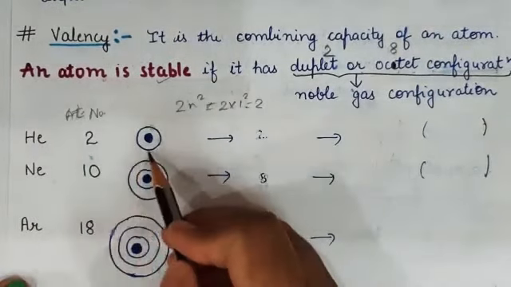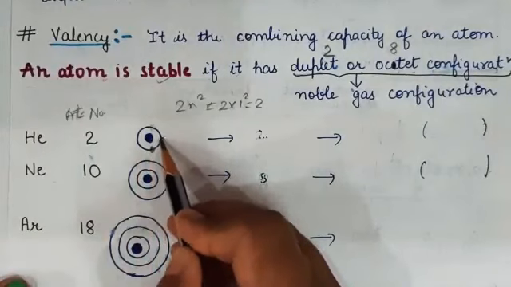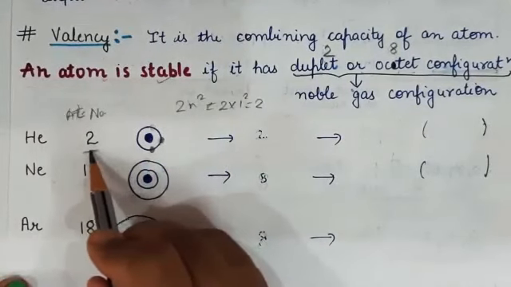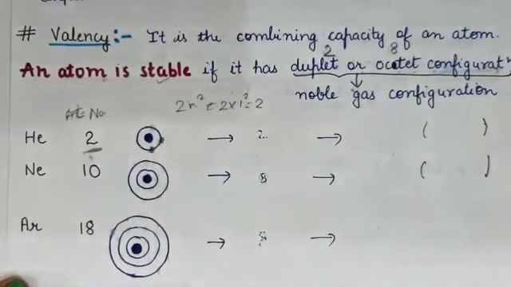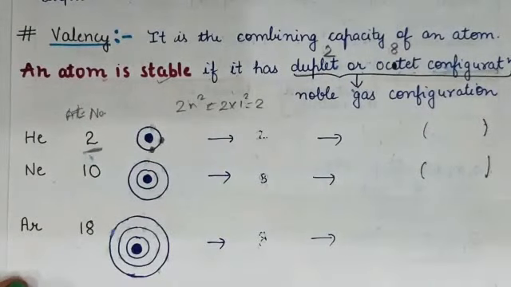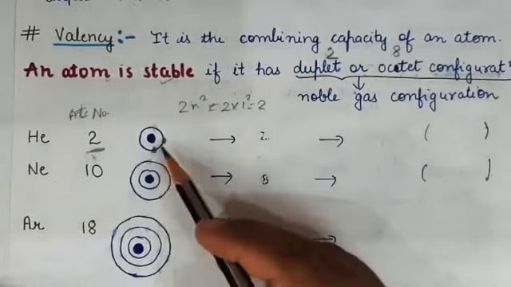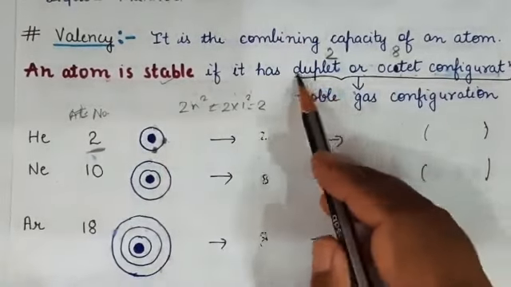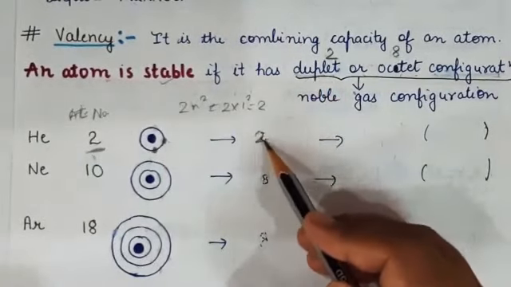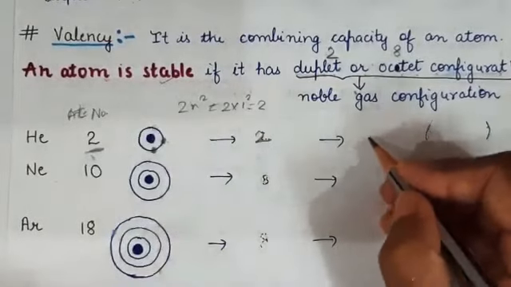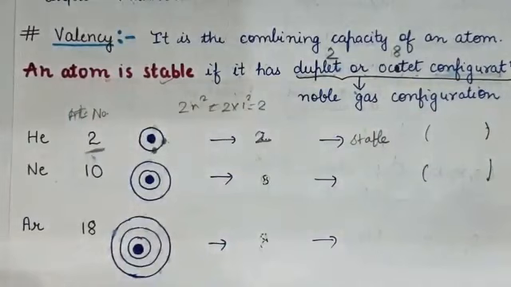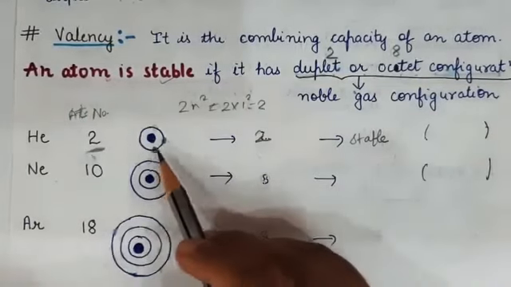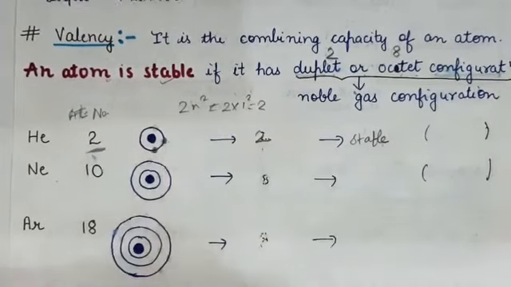So, in the first shell, fill the 2 electrons, because the atomic number is 2. Now see, the first shell has 2 electrons. It has doublet configuration. It means this atom is stable.